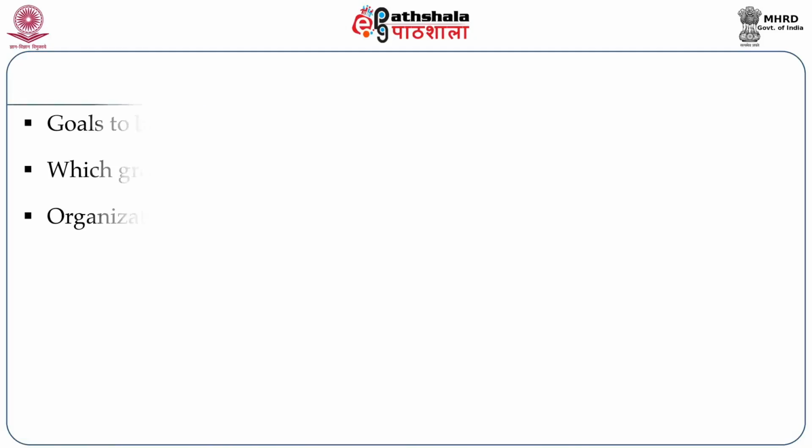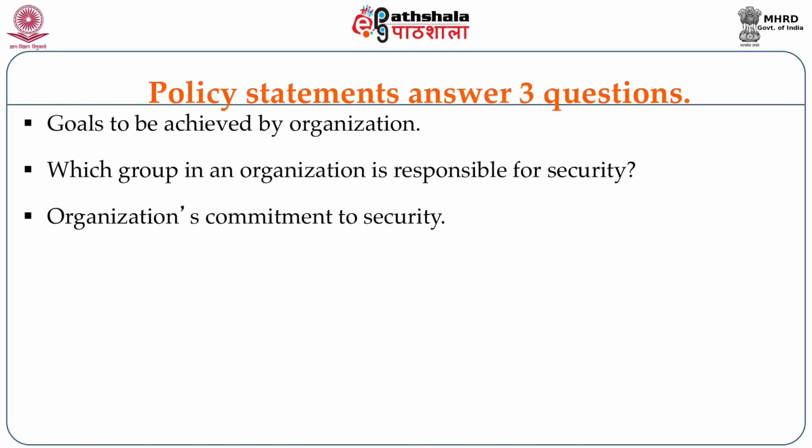That means if security is to be maintained by the administrator, by some security group, or by each employee. Third is the organization's commitment to security, that says who provides security support for staff, where does security fit into the organization structure.